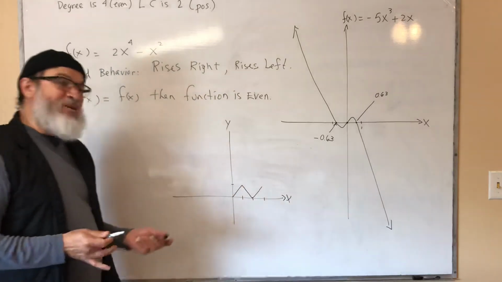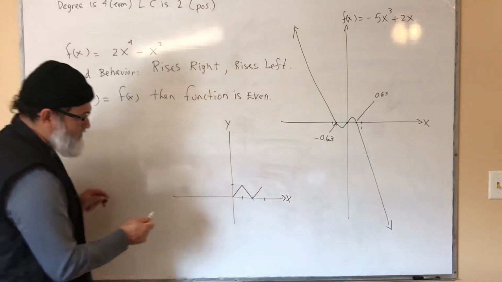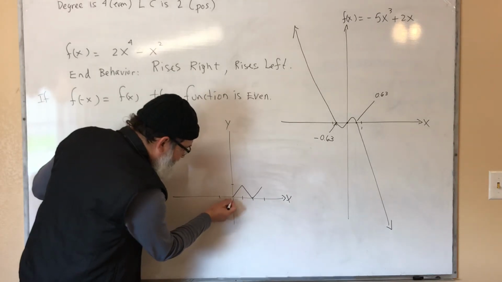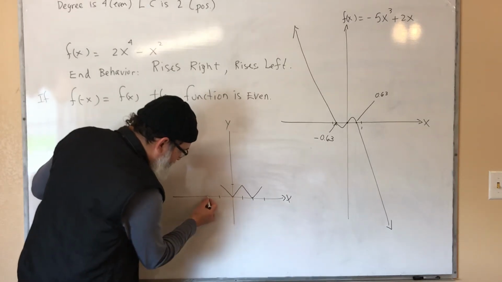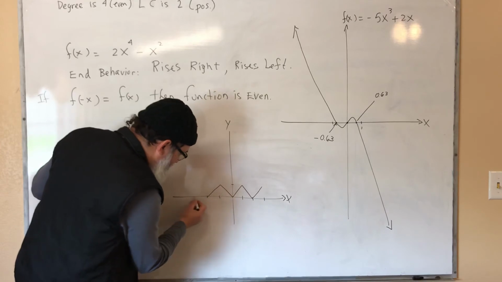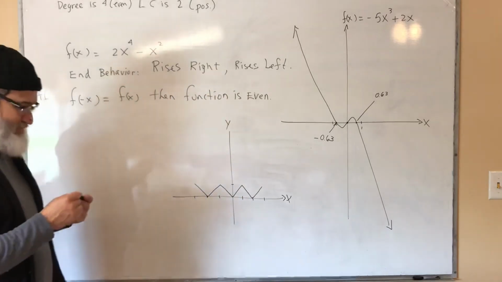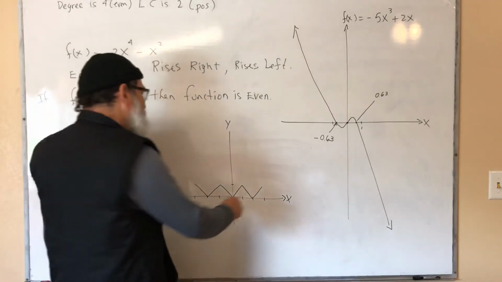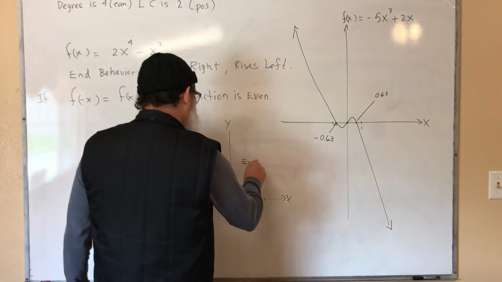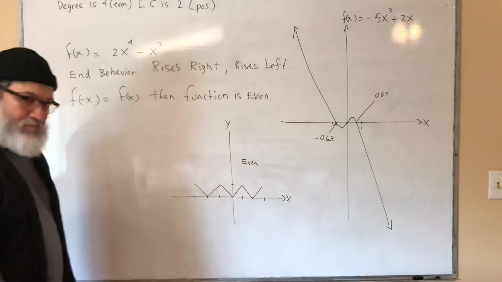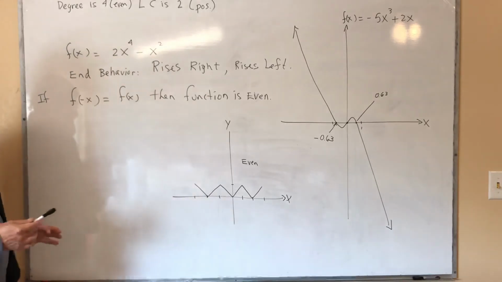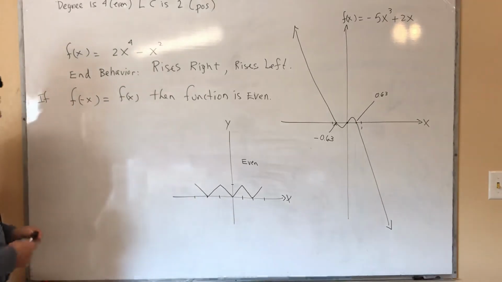It's going to repeat itself exactly the same. That's an even function. This is even. And our function, it repeats itself in the opposite direction. Odd.